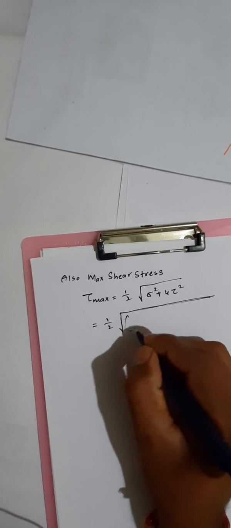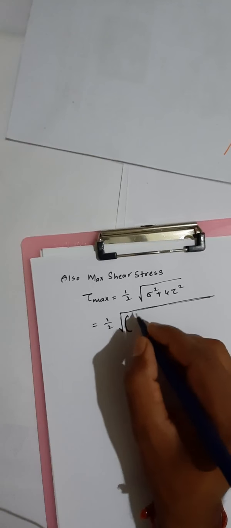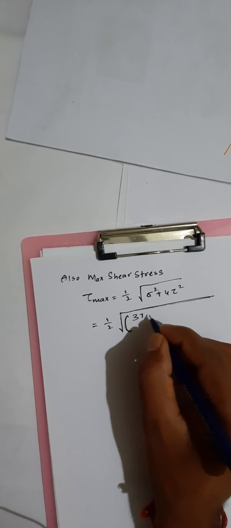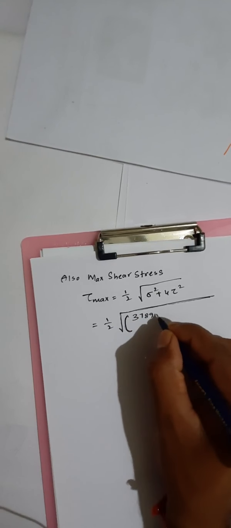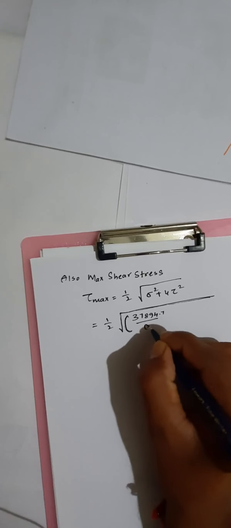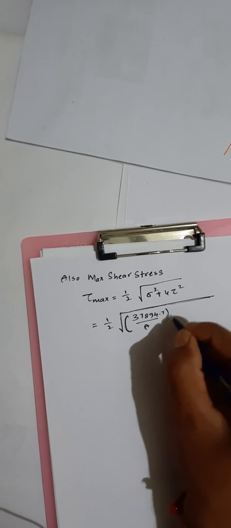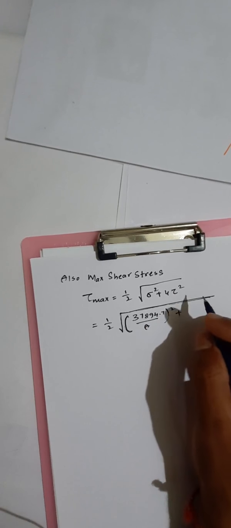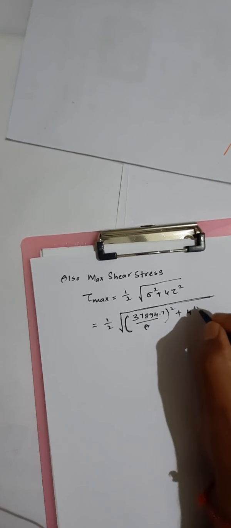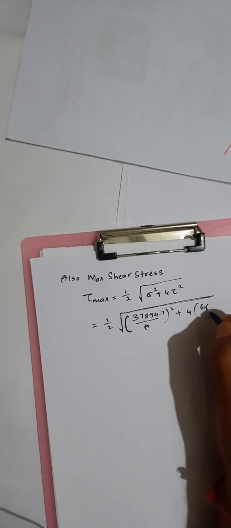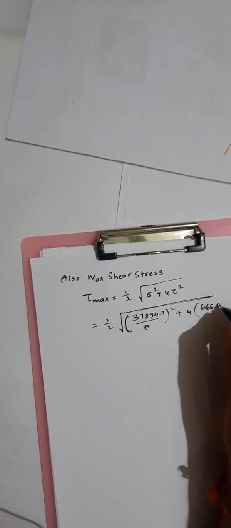we know the value of sigma, that is 37,894.7 divided by A whole square, plus 4 times of 6,666.67 divided by A whole square.